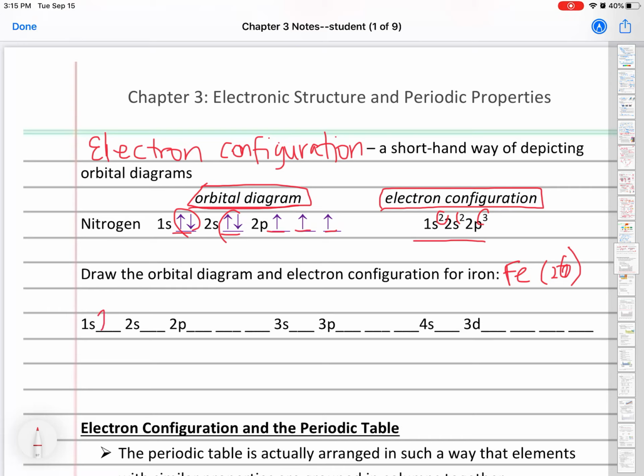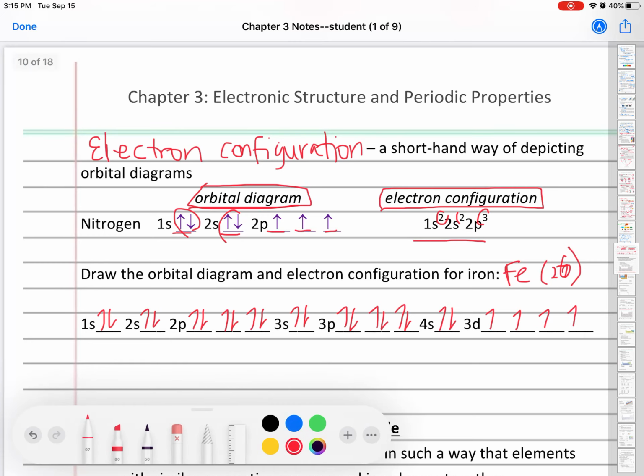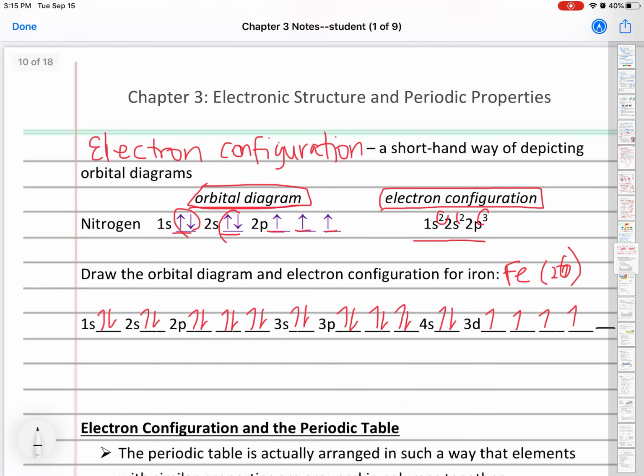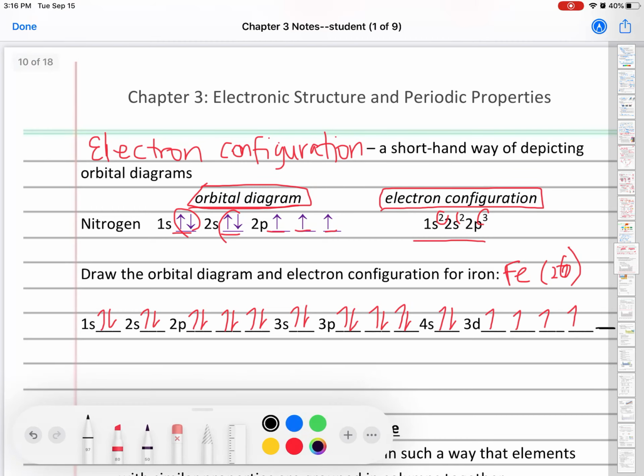So I'm going to fill 1, 2, 3, 4, 5, 6, 7, 8, 9, 10, 11, 12, 13, 14, 15, 16, 17, 18, 19, 20, 21, 22, 23, 24, and oops, there's 5 d orbitals, so I've got to draw a fifth one there.